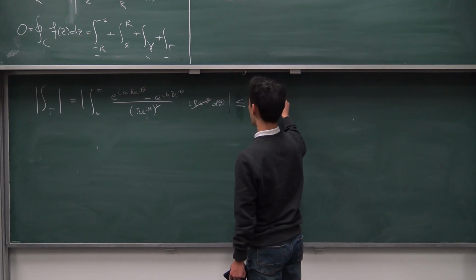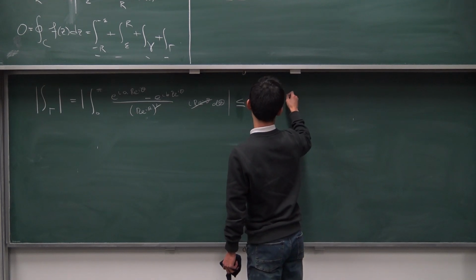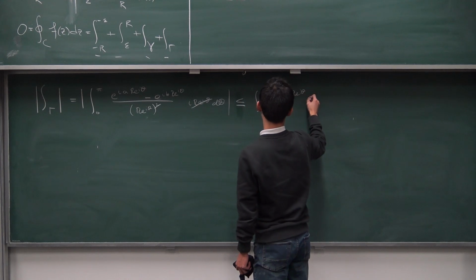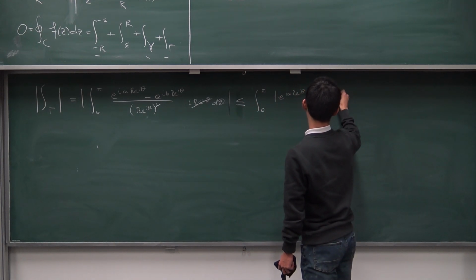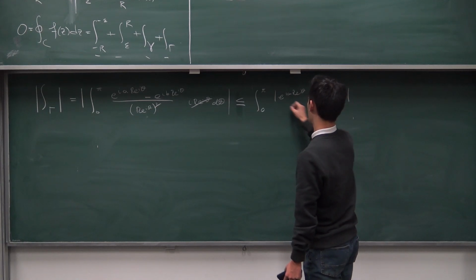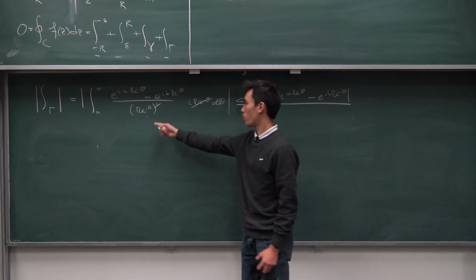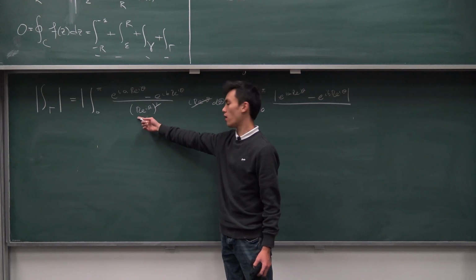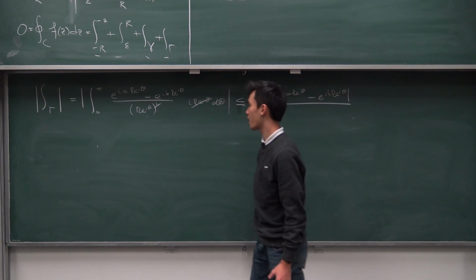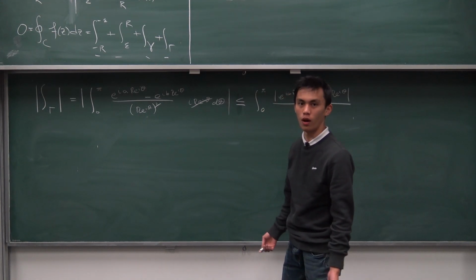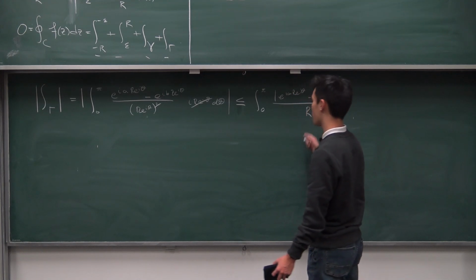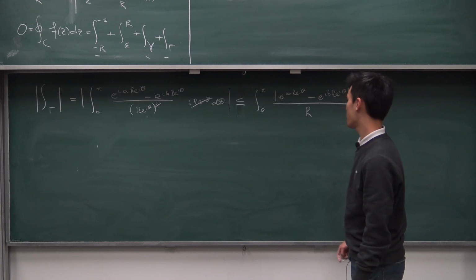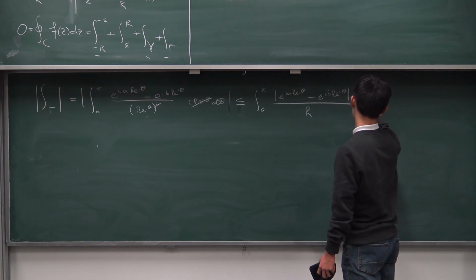Well, the absolute value of e to the I a r e to the I theta, minus e to the I b r e to the I theta, absolute value, divided by what goes on down here. Well, the absolute value of r is r, the absolute value of e to the I theta is 1 because we're on the unit circle. So this is r here. We don't need absolute values because r is positive. And we have a d theta to finish off.